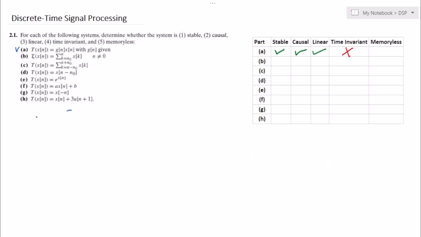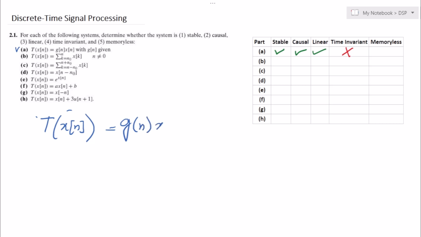Now in order to see whether the system given here is memoryless or has a memory, we have to check whether the output depends upon some previous inputs or not. So it is clear that t of x of n only depends upon the input at a time.